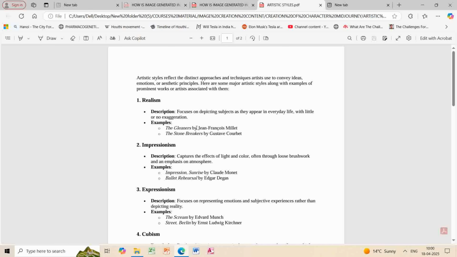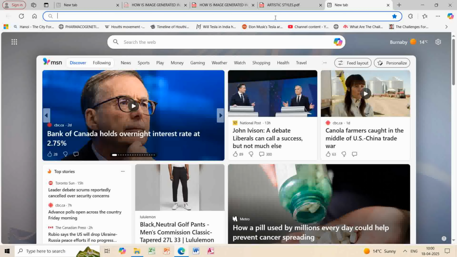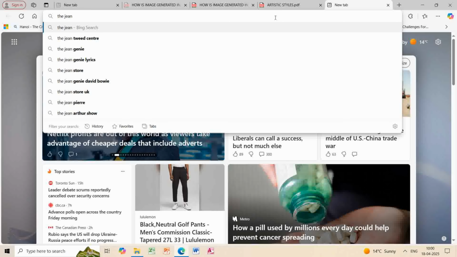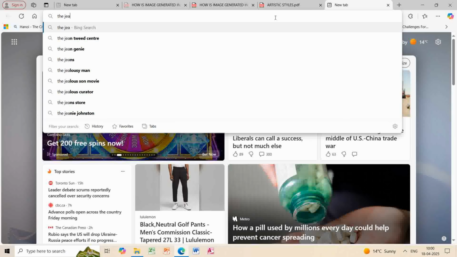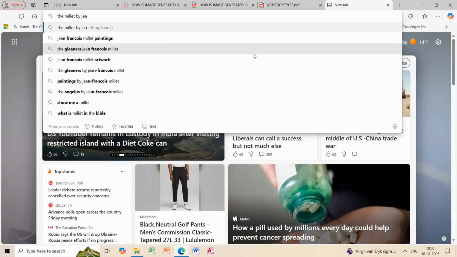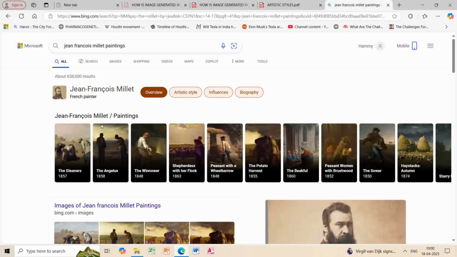For example, The Gleaners by Jean Francois Millet. Let's see this particular style. Here is the painting.